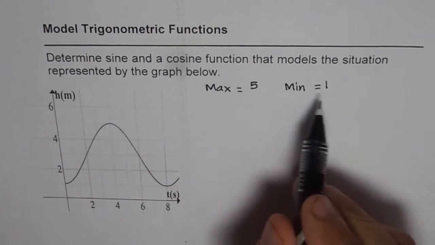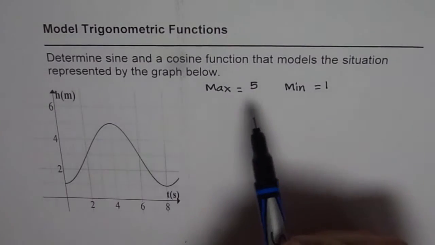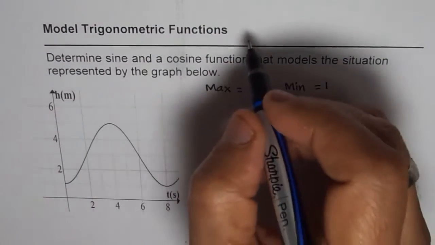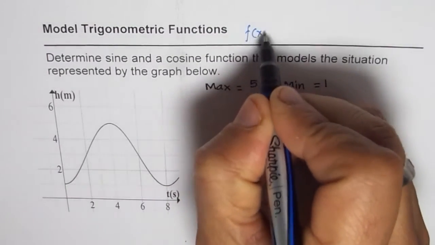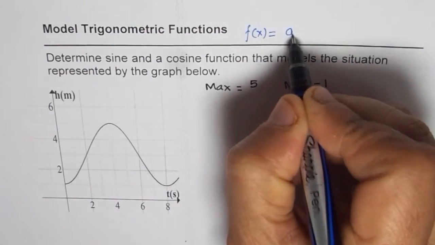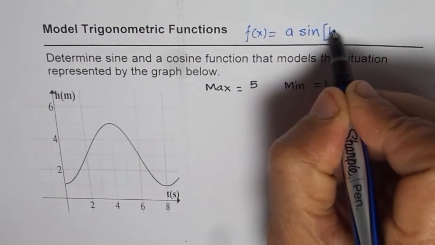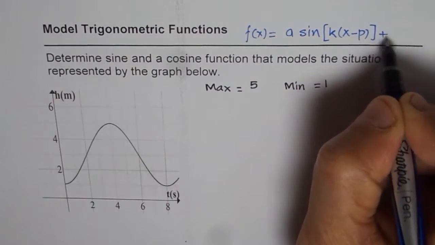Now maximum and minimum values will give you amplitude and axis. So even before finding those parameters, let me write down the function in general. In general, we'll write the function as f of x equals a times sine of k times (x minus p) plus q.